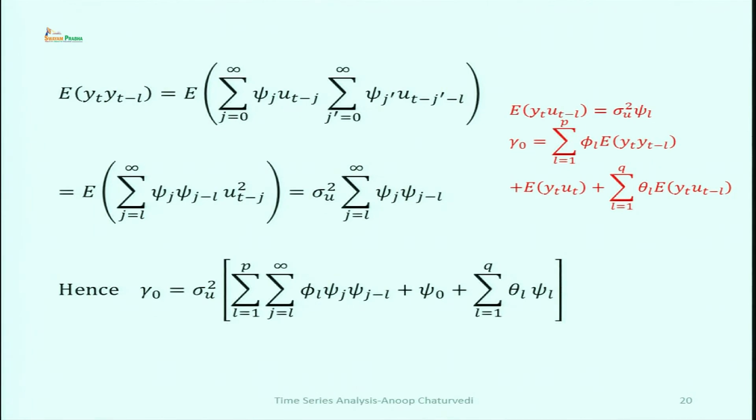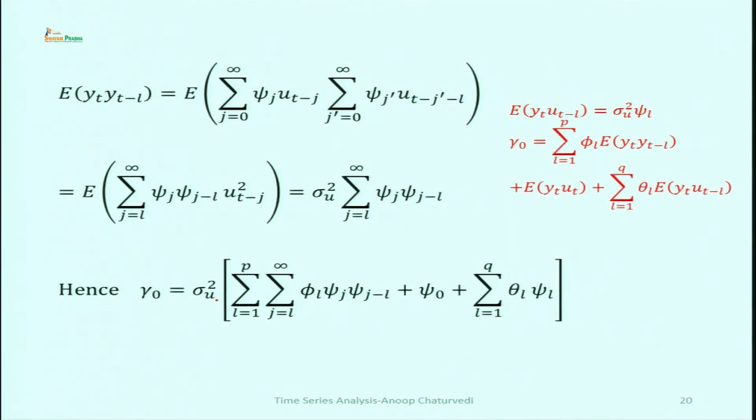For t minus j equal to t minus j dash minus L, you get the square terms. So, you get the terms summation j equal to L to infinity psi j minus L u t minus j square. All other cross product terms have expectation 0. And then finally, you obtain sigma square u summation j equal to L to infinity psi j minus L.